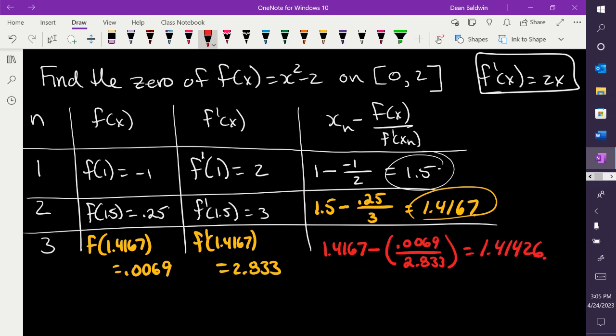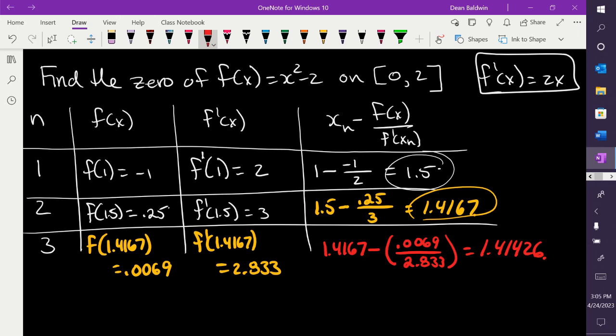So what'll happen is the numbers will start to repeat. The decimals that repeat will start to get longer. So we got 1.5, and then we got 1.4167. Now we got 1.41426. If you did it again, it'd be like 1.4142, blah, blah, whatever.